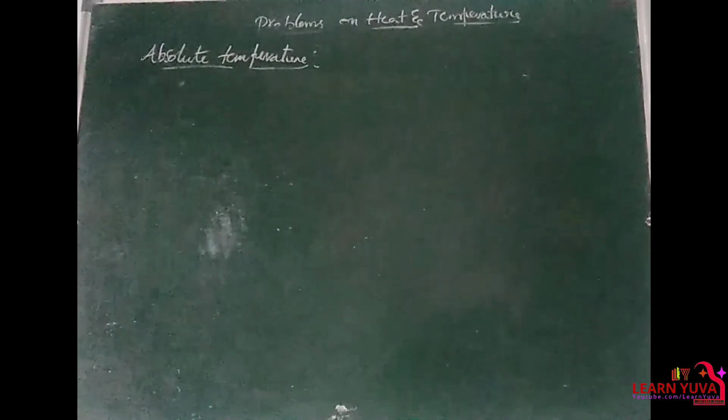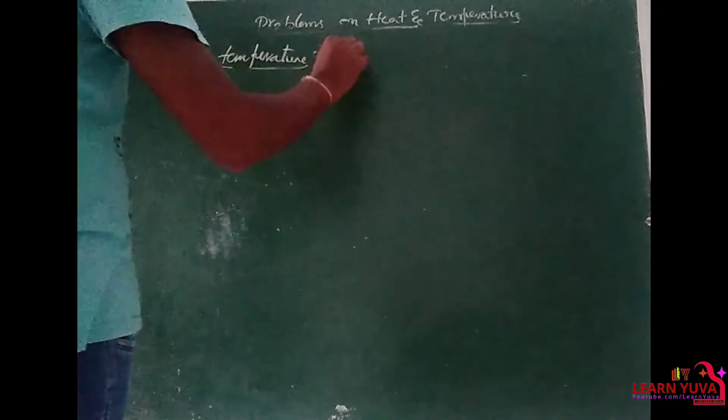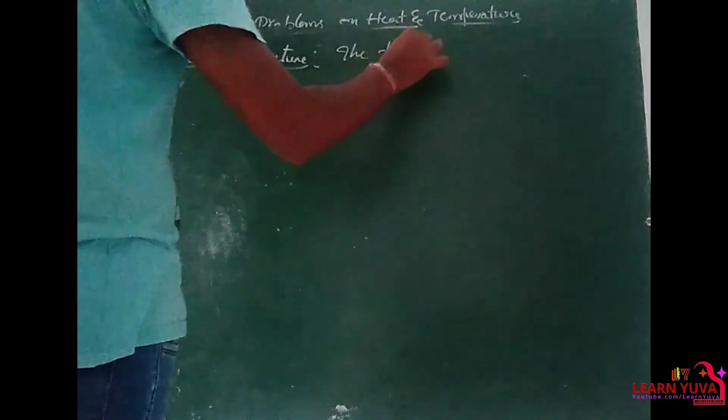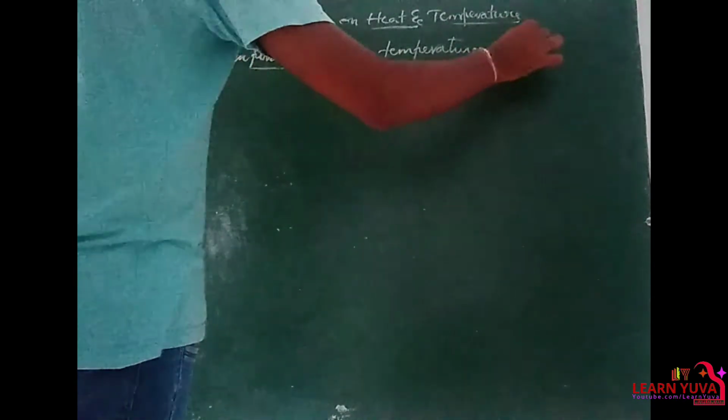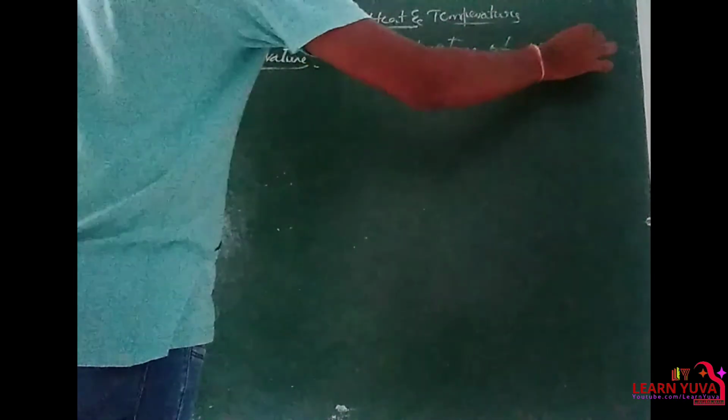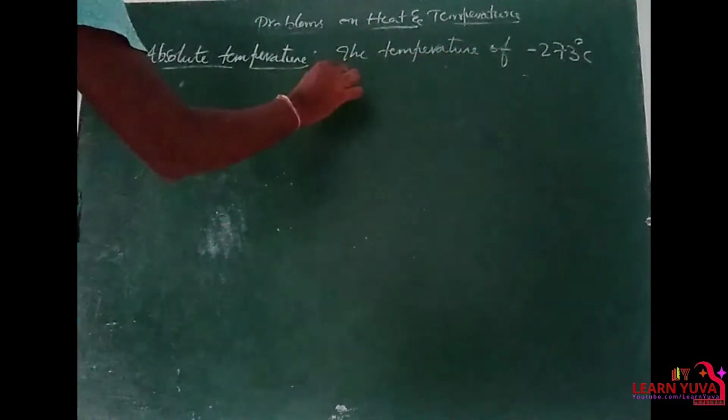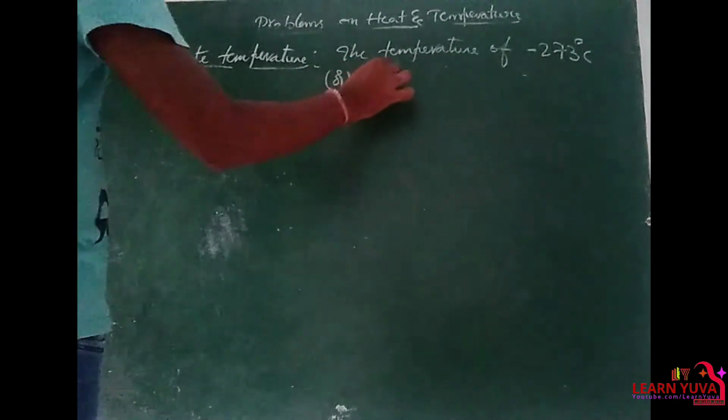Next is absolute temperature. Absolute temperature is the temperature of minus 273 degrees Celsius or 0 degrees Kelvin.